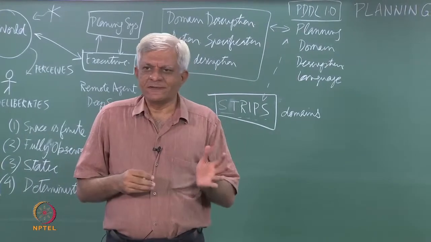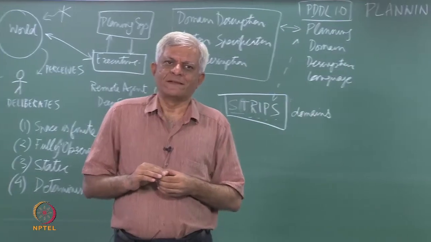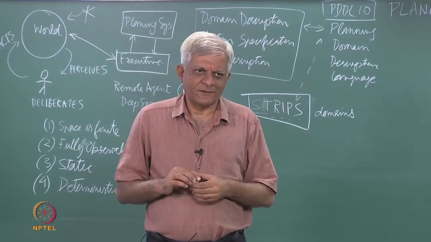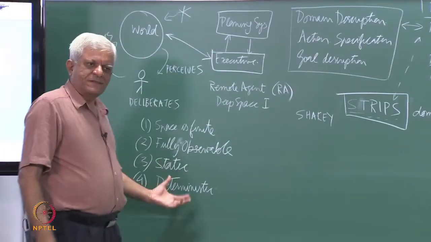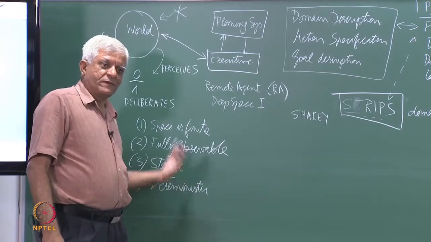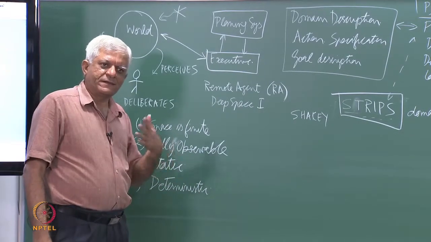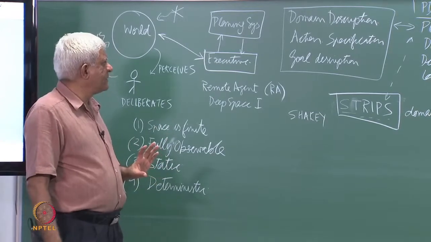Of course, the real world is not deterministic. When you play basketball, you would have realized that it needs a considerable amount of practice to get better at it, but we will make the simplistic assumption that the world is deterministic, which means that whatever actions agent does, they will happen in the real world essentially.